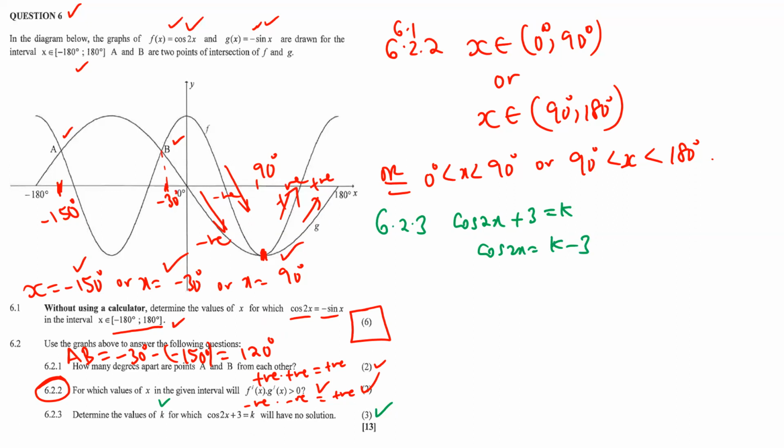So if the cosine is k minus 3 now, we know a couple of things about this.